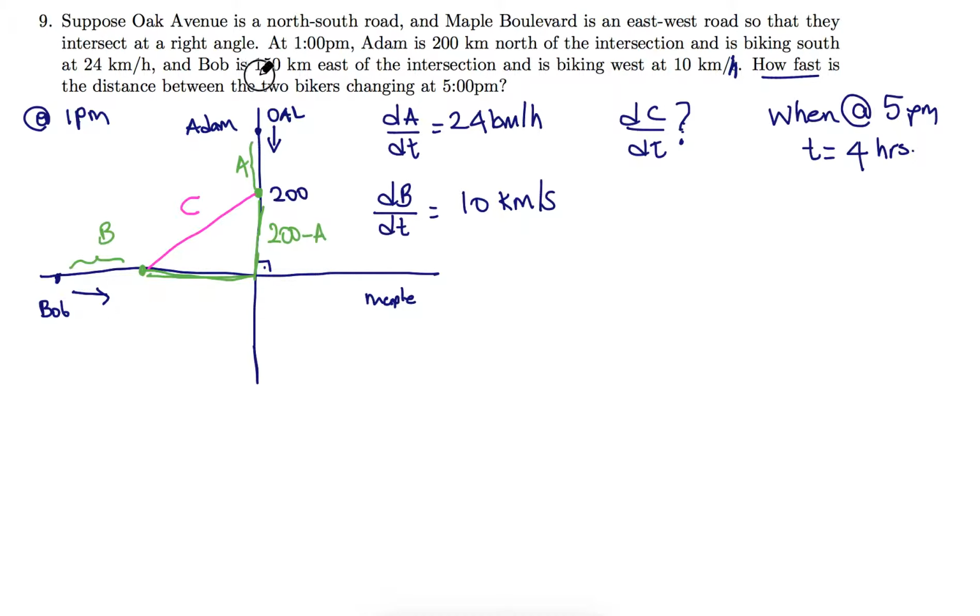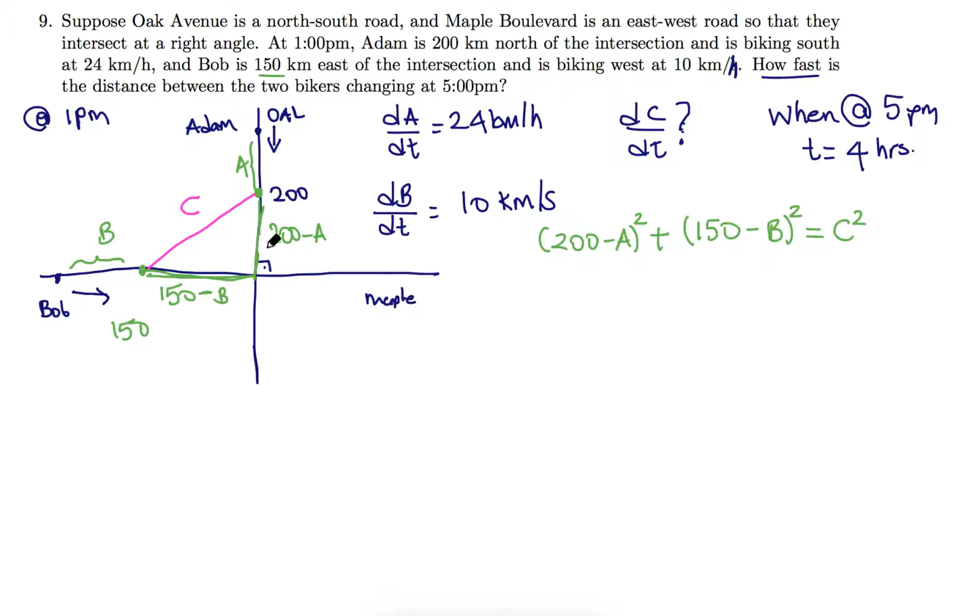Bob was 150 kilometers east, so the whole thing was 150. So 150 minus Bob's distance traveled will be the side of the right triangle. So our Pythagorean theorem will be (200 minus A) squared plus (150 minus B) squared equals C squared.